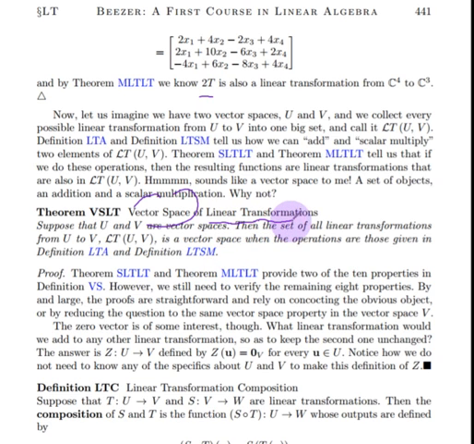We can go through and show all the properties of vector space hold for the set of linear transformations. And really this is the very same proof that we showed that matrices form a vector space. So we can talk about the vector space of linear transformations. That's really quite interesting: linear transformations started out as functions between vector spaces, and now we're showing that linear transformations are a vector space themselves.